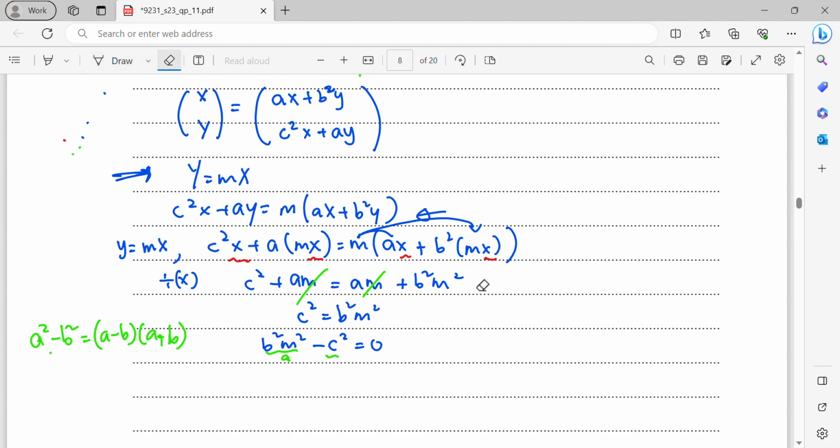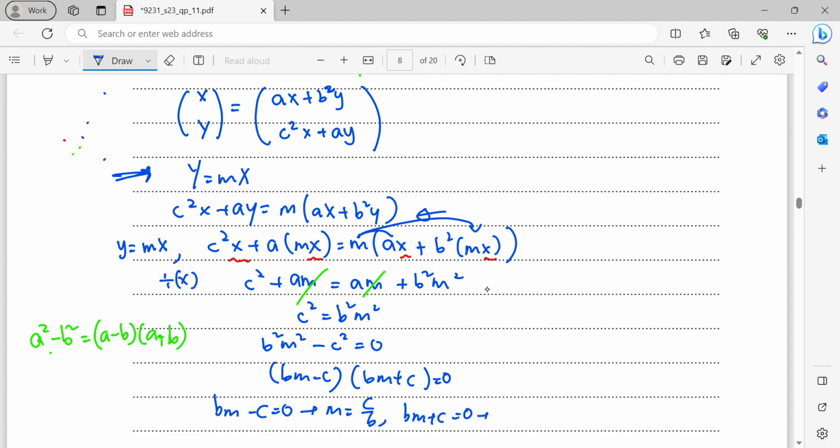So then I will get bm minus c times bm plus c equals 0. So the first one, bm minus c equals 0, means that the m is c over b. The second one, bm plus c equals 0, means that the m is negative c over b.